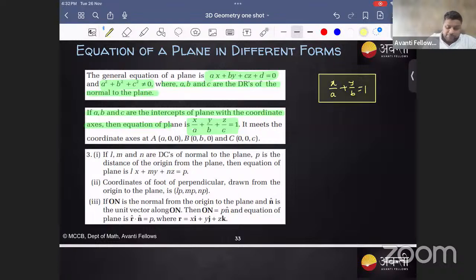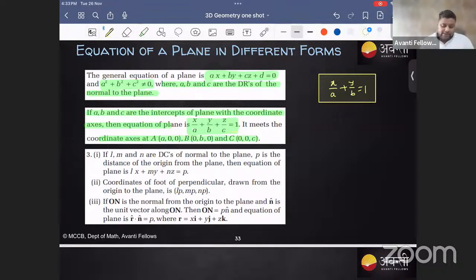So equation of the plane is x upon a plus y upon b plus z upon c equals 1. Got it? So that is the plane intersecting the coordinate axes at (a, 0, 0), (0, b, 0) and (0, 0, c).